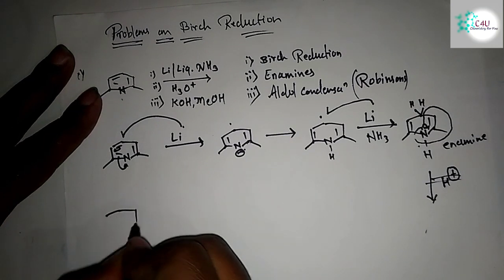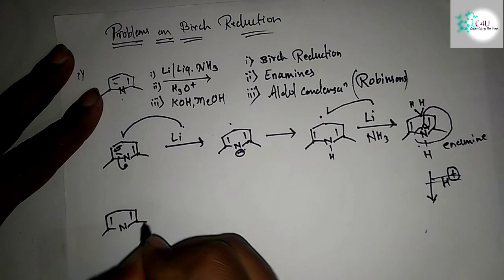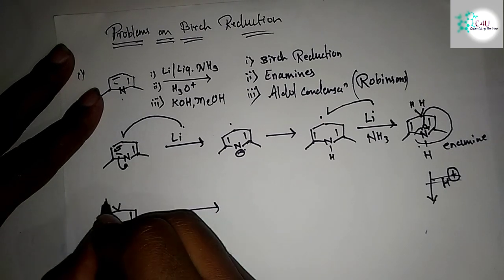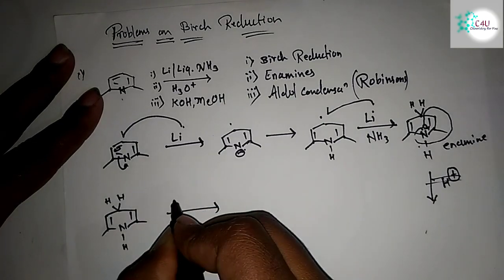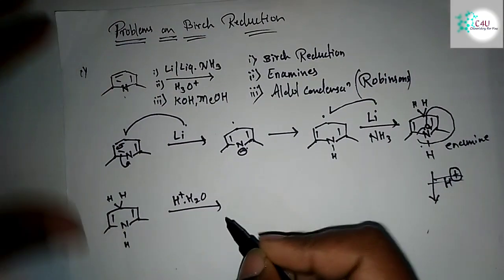So here is the enamine product, with H+ H2O. I'll write the H3O+ in this form.